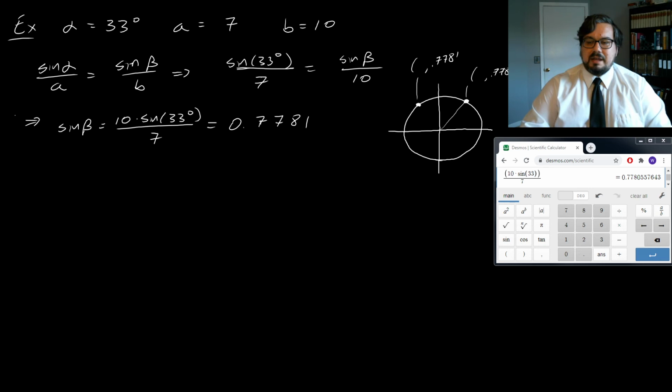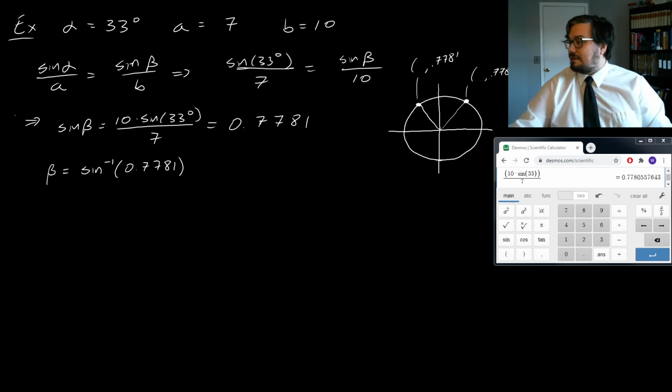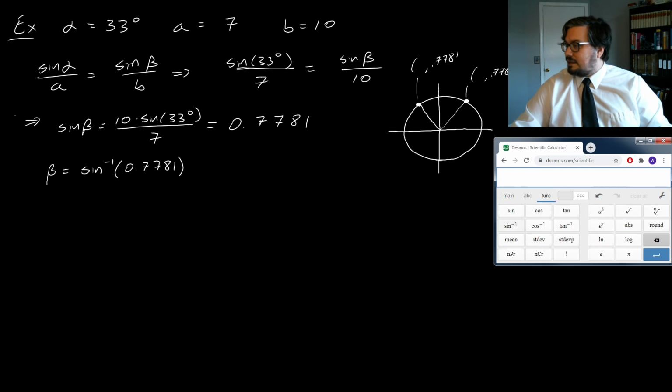So there's going to be an angle like that and an angle like that that we need to figure out. Now, we'll find one of them by using the inverse trig functions. We can look at beta, which is inverse sine of 0.7781.